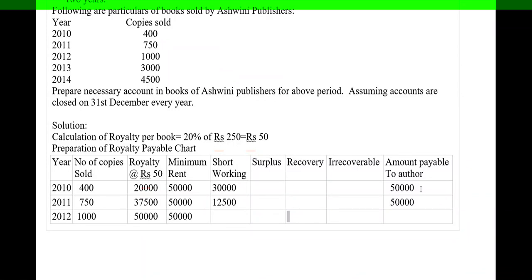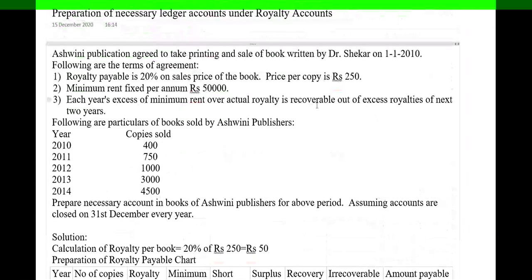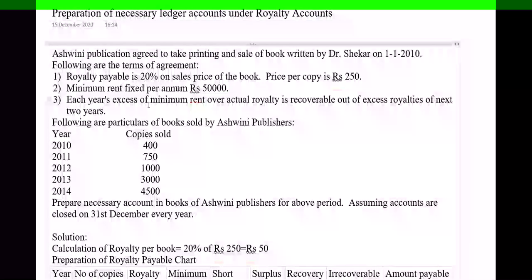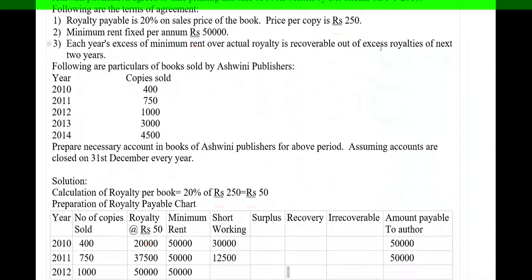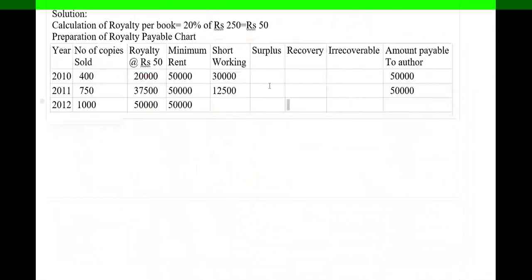The agreement provides that each year's excess of minimum rent over actual royalty is recoverable out of excess of royalties of the next 2 years. So 2010's short working should be recovered by 2012, but we don't have surplus here, so the entire amount is irrecoverable here. So amount payable will be here 50,000.